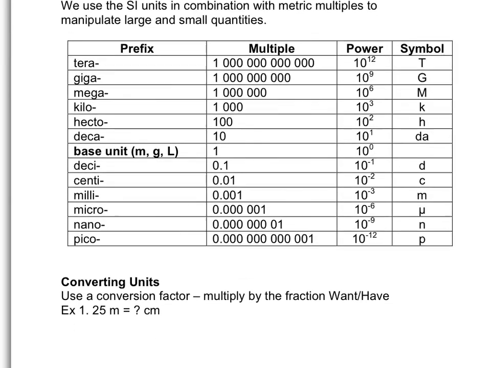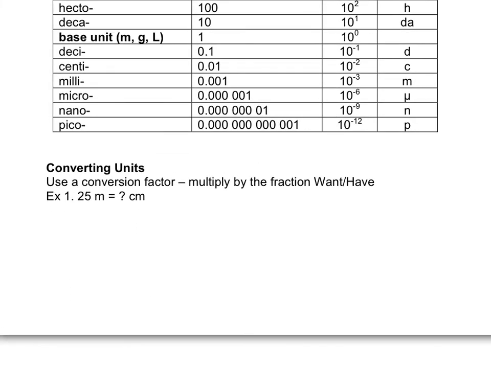Now I'm sure everyone has converted from one unit into another before by picking up the decimal place in the number and moving it left or right, depending on what you're converting into. In chemistry, we want you to use a different technique known as a conversion factor. This becomes handy because using a conversion factor, you'll be able to convert anything into anything else.